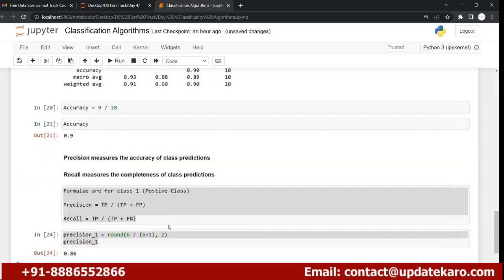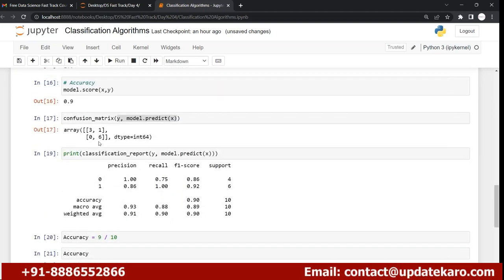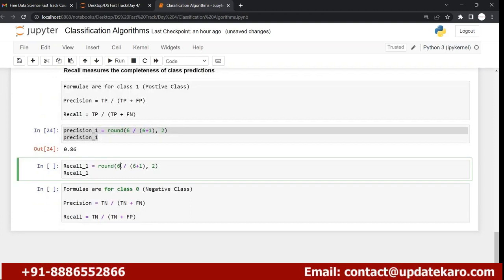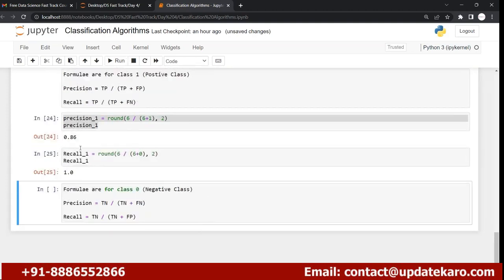Now as we know the formula for class 1, the formula for recall for class 1, or your positive class, is going to be the true positive divided by true positive plus false negative. So now here we got the formula like this: 6 divided by 6 plus 0. This is my recall formula.